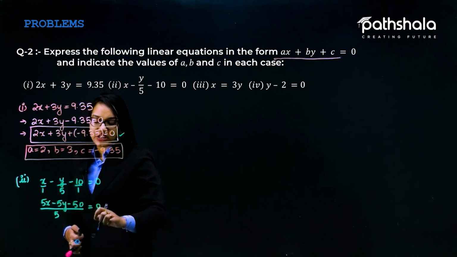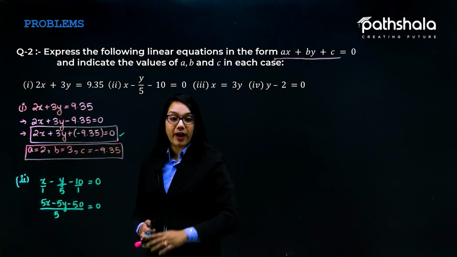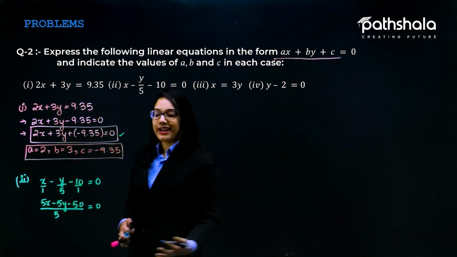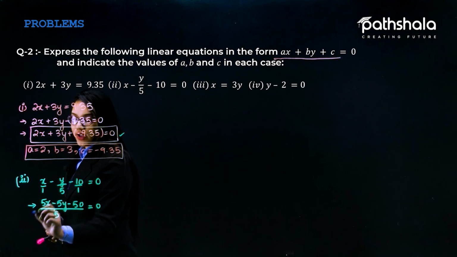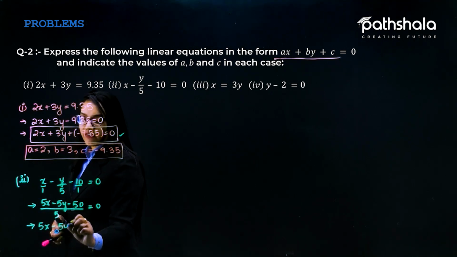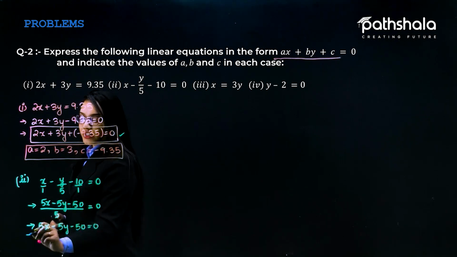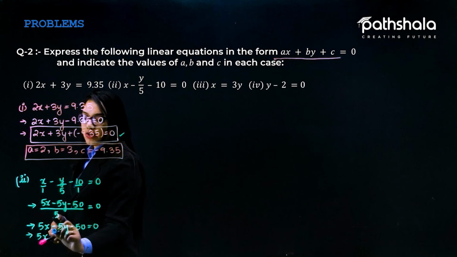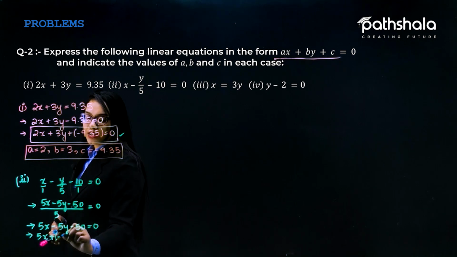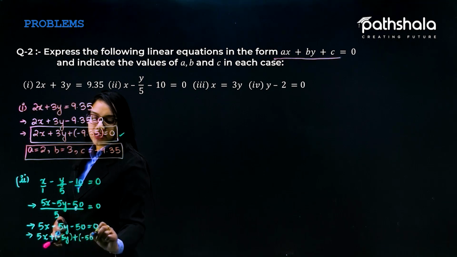Now let's take this 5 to the other side, or we can say transpose 5 on the RHS. Then this equation will be 5x minus 5y minus 50 is equal to 0. Furthermore, we can express it as 5x plus of minus of 5y plus of minus of 50 is equal to 0.